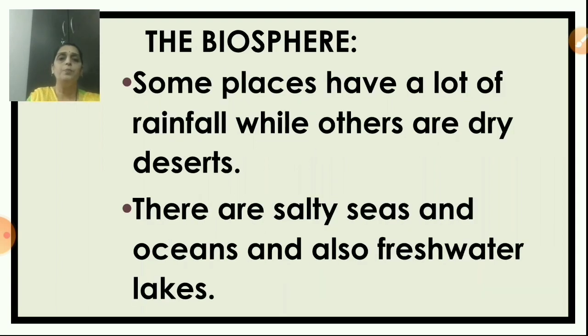Now the next point. Some places have a lot of rainfall while others are dry desert. There are salty seas and oceans and also freshwater lakes. As you know, Rajasthan is a dry desert area and Maharashtra has a lot of rainfall.